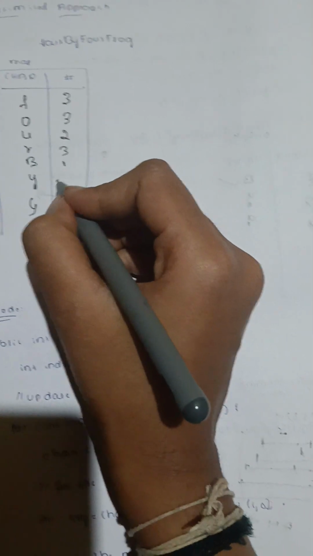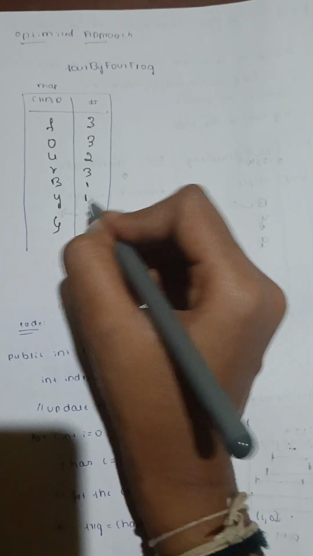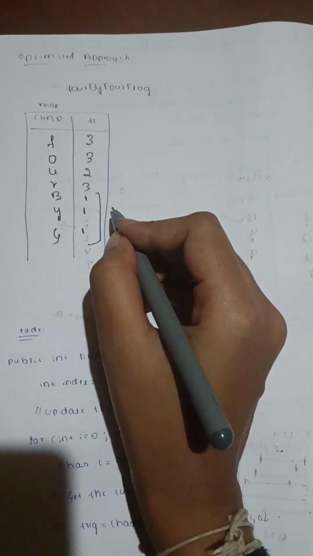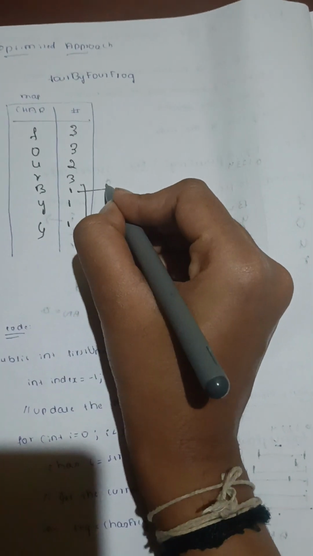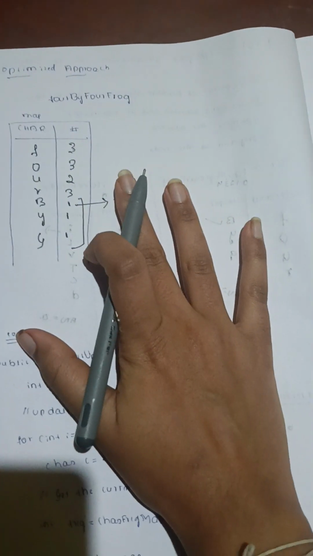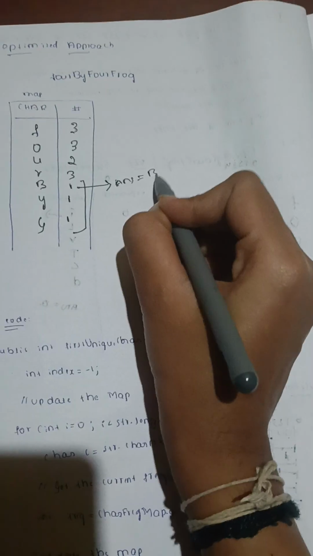B is repeated only once, Y only once, and G also only once. So B, Y, G have frequency 1, but B is the first unique character in this map. From top to bottom, B is the first such character. So the answer is B at index position 4.